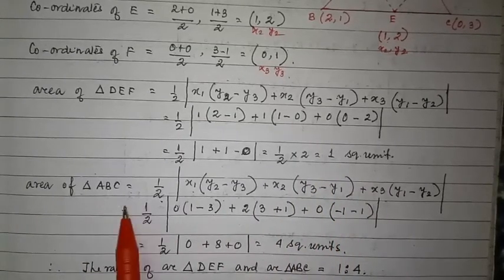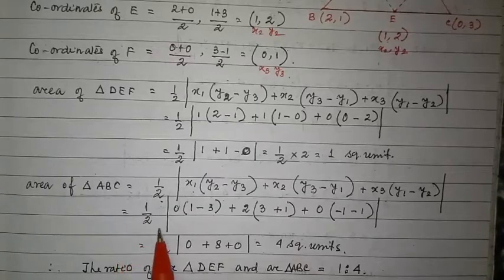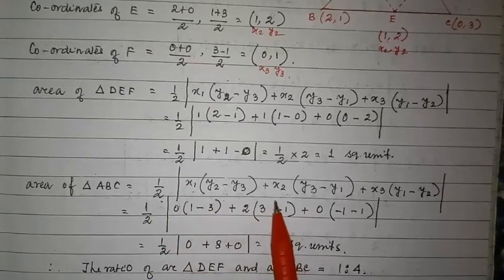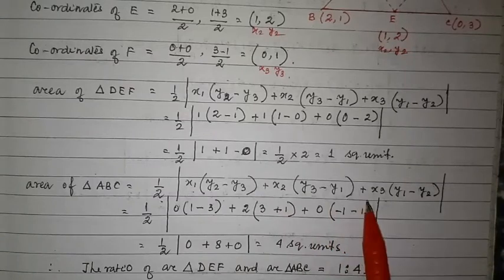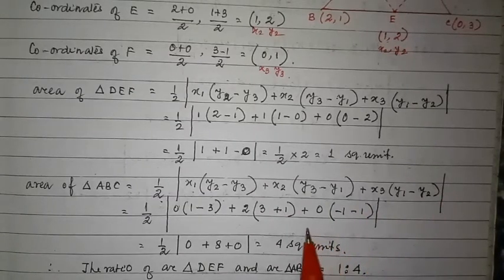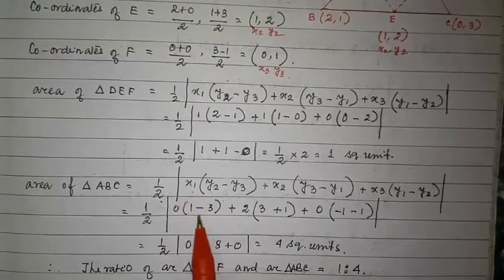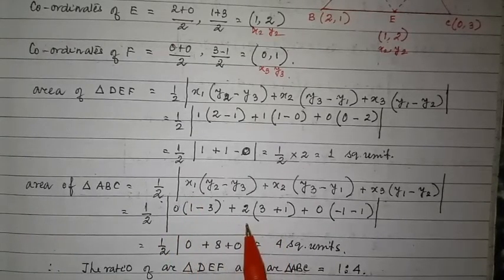Now area of triangle ABC, vertices we already know. So first let us write down the formula: 1 by 2 modulus x1(y2 - y3) + x2(y3 - y1) + x3(y1 - y2) modulus ends. Then x1, that is 0, then (1 - 3) plus 2 into (3 + 1) plus 0 into (-1 - 1).